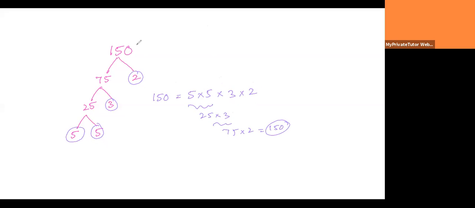Finding the prime factorization, we are writing the answer using the prime numbers. You can write it in this way, or else you can write 5 squared times 3 times 2. That's fine. So writing the original number using prime factors, which will give us the same answer though. That's very important, isn't it? Yeah, that's it for prime factors or prime factorization.